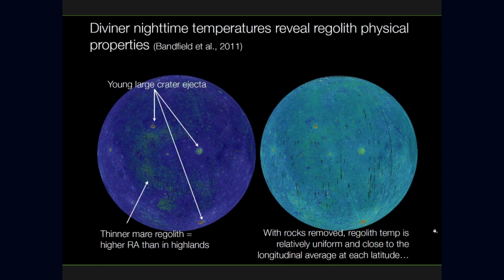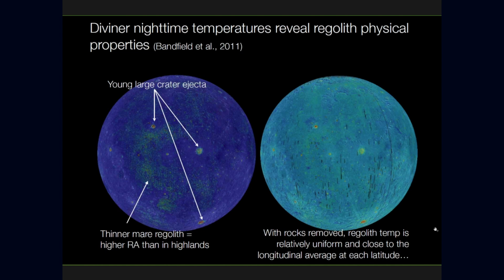You can also very clearly see the Maria, which show lots of small rocks because the regolith is much thinner in the Maria than in the highlands. Those things have been studied, and many important and surprising implications have emerged from studying them. On the other hand, when those rocks are removed and we look at the regolith temperature, to first order, the regolith is relatively uniform.